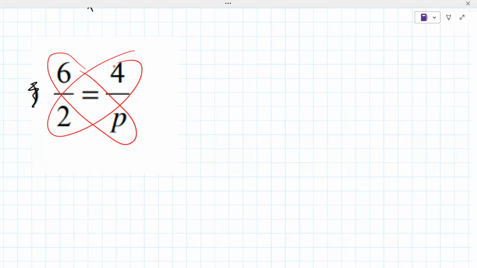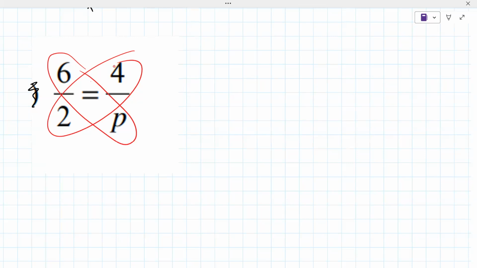Just to make sure, it's 4 times 2, then you multiply that and you have 8, and then you divide by 6, right? 6 times p.